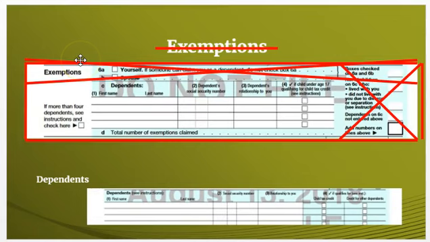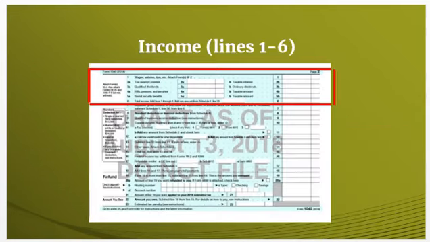Next, our old tax form used to have a section called exemptions. Now that has gone away, or certain pieces of that have gone away, and now we have a section that's just going to cover dependents. And so it's expanded and it's stretched out and it's covering dependents. And so we need to learn and understand what is a dependent.